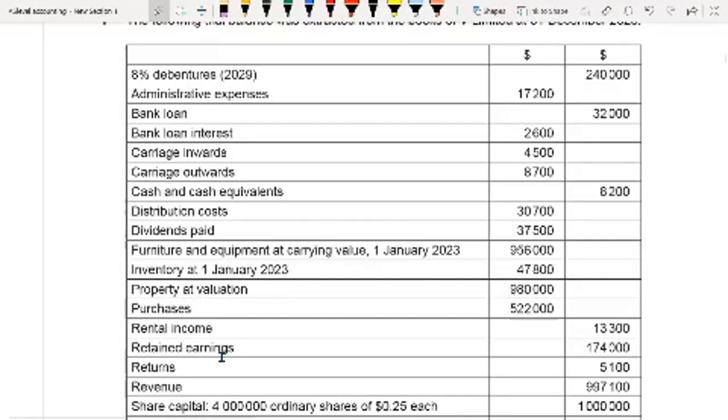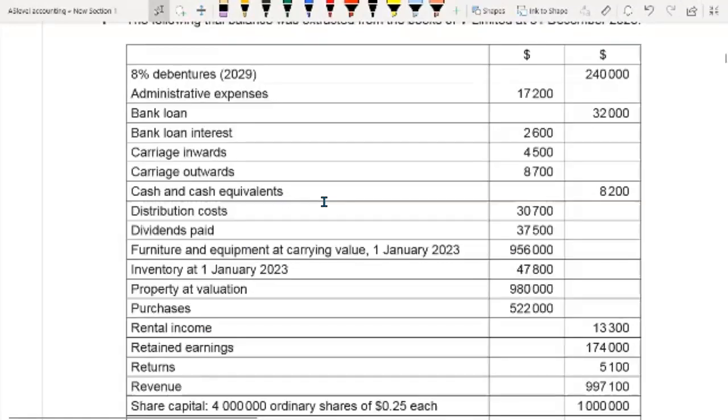Carriage outwards is part of distribution cost. All the selling expenses, for example if you are sending goods to your customers, the transportation costs you have incurred in that matter, mean carriage outwards. So this would be part of distribution cost, and that's why 8,700 would be part of distribution cost.